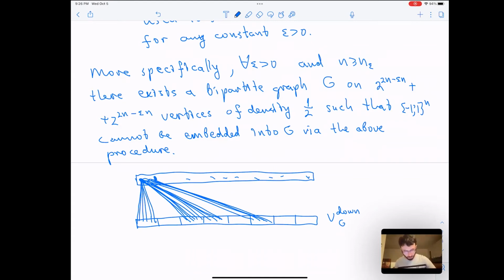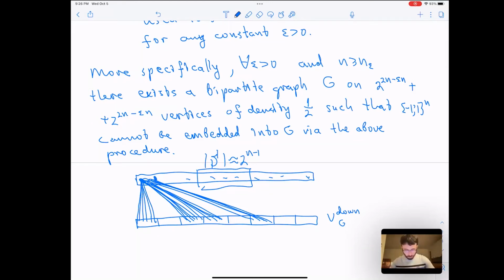So if you choose a set S here of size, say, 2 to the n, the size necessary to embed the upper half of the hypercube, well, it should be 2 to the n minus 1, it doesn't really matter here.